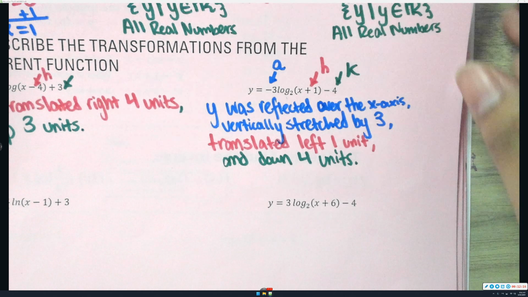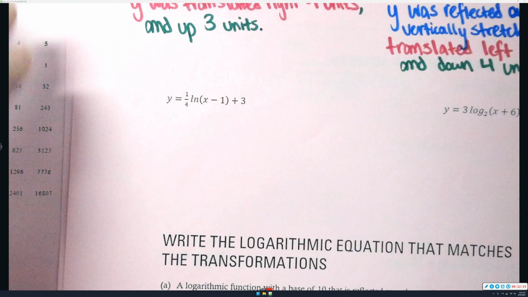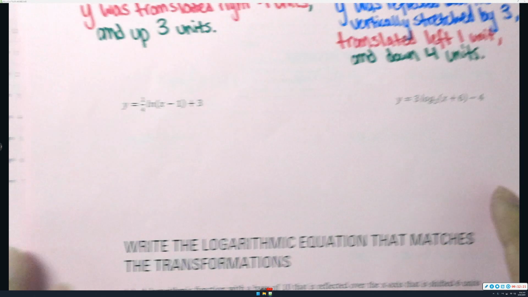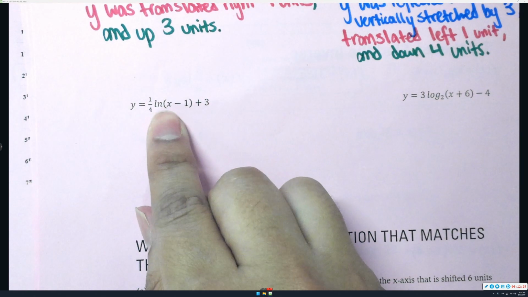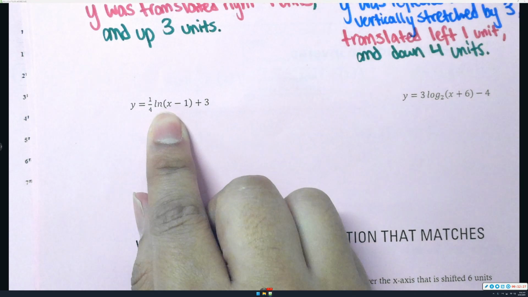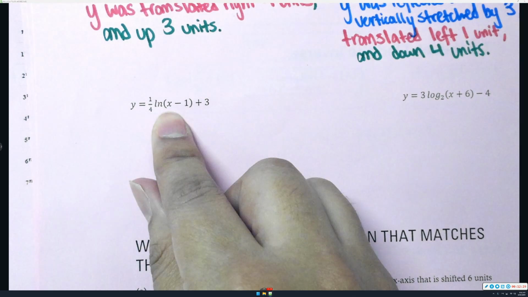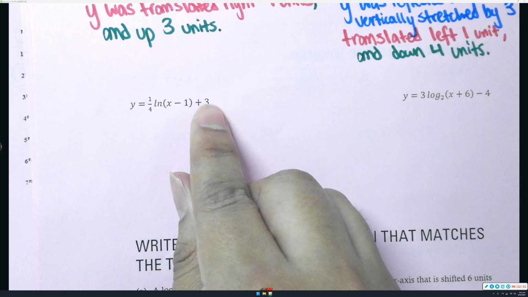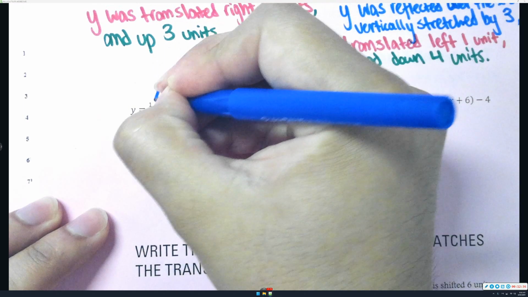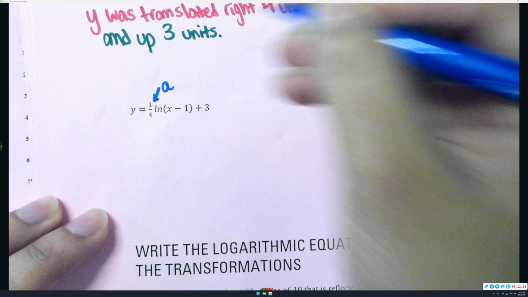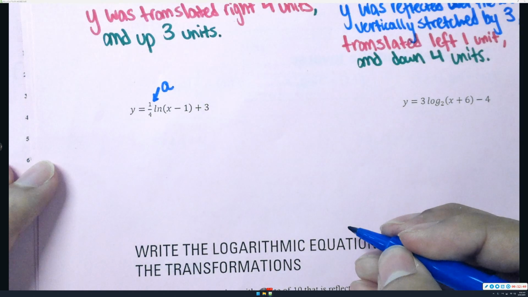Here we go. All right, so for this one, we have y equals 1/4 natural log, okay? Remember, if you see an ln, that's a natural log with a natural base of e. x minus 1 plus 3. So for this one, notice that I have a fraction between 0 and 1 for the a value. So this will be a vertical compression.